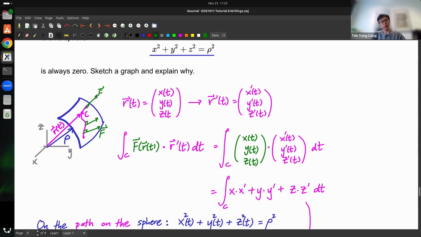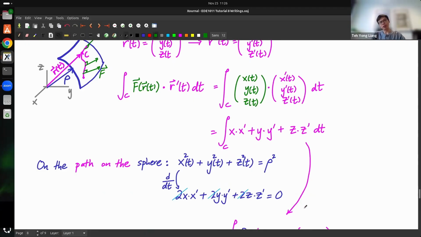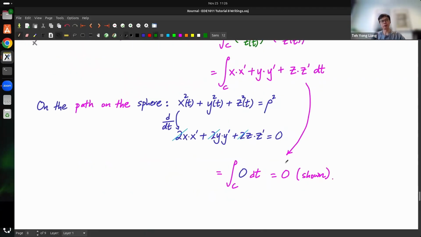Since the vector is always perpendicular to all points on the path C, it shows that the line integral of this F along the path C must always be 0, because the dot product will always be 0. This is the reason why you always get 0 for the line integral.